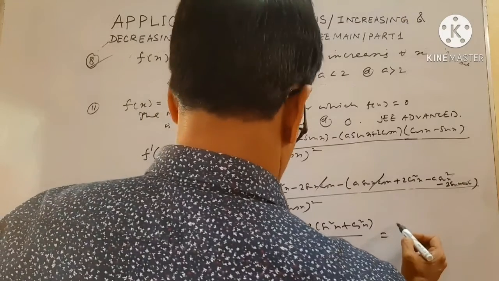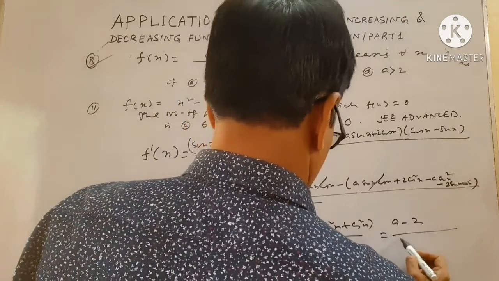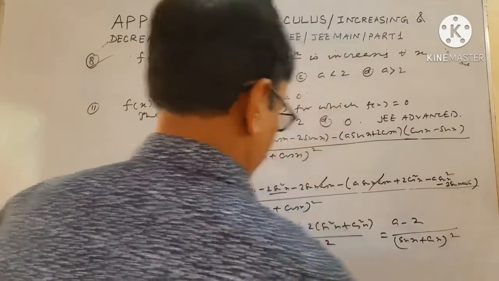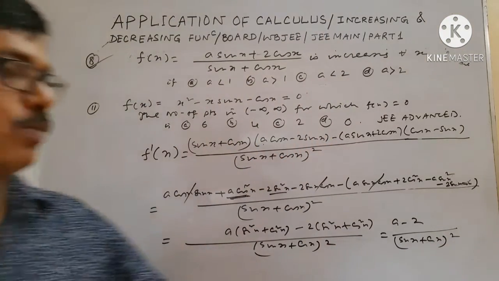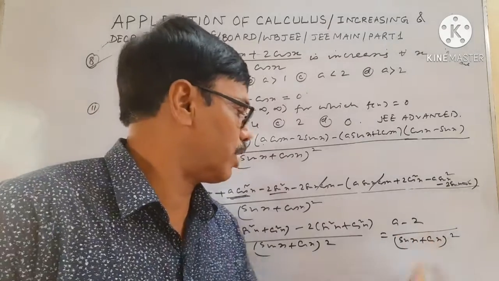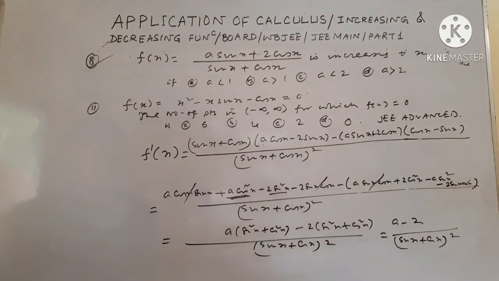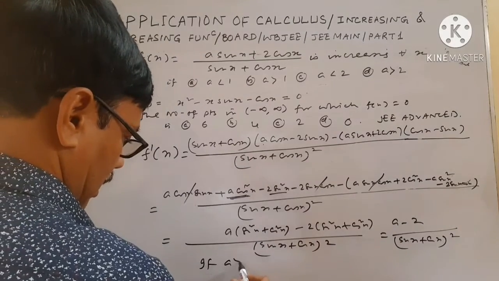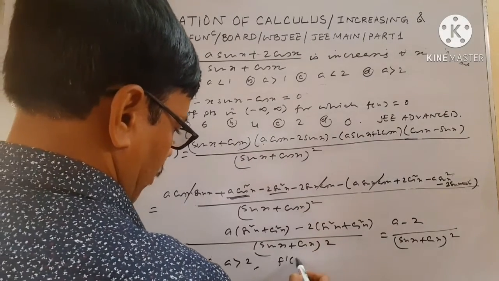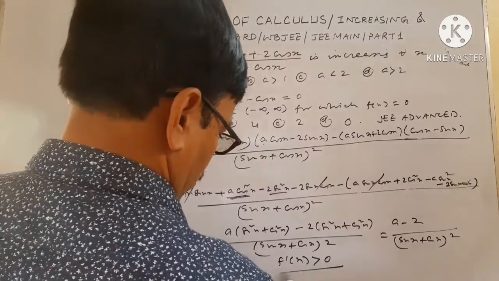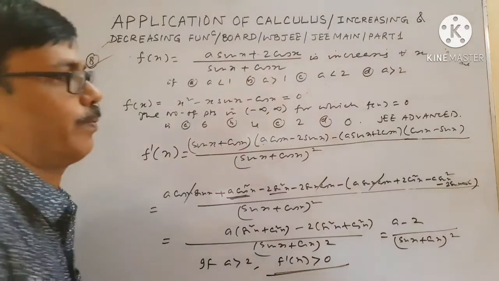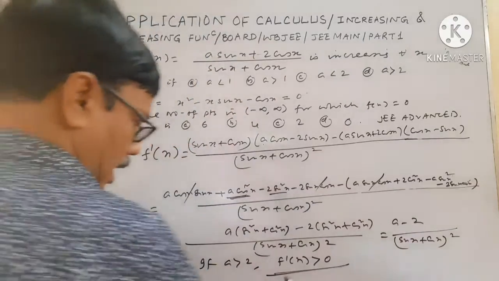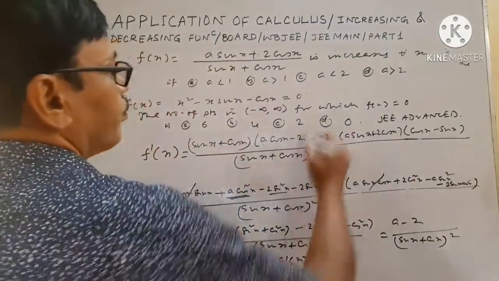So finally we are getting (a minus 2) by (sin x plus cos x) whole square. Look, the denominator is positive. So to make f dash x positive, a must be greater than 2. If a is greater than 2, then f dash x is greater than 0, so f(x) is increasing when a is greater than 2.